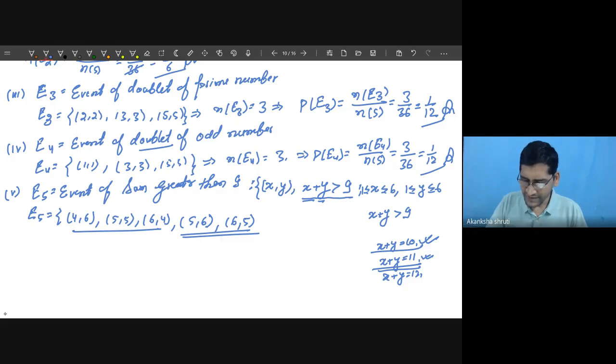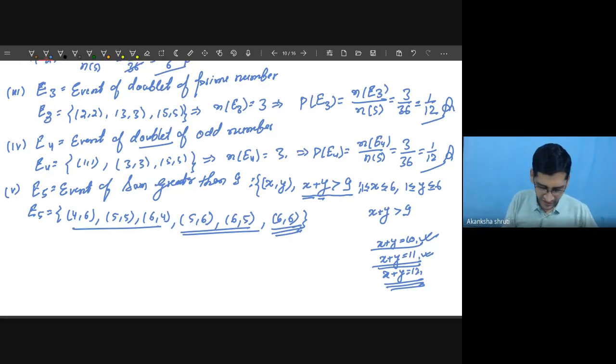Do not think 5 and 6 is identical to 6 and 5 and we shall take only once. No, these two are different because order is important. Next one is for this 12. For this 12 we can have only one, 6 and 6. If you take any other pair from the sample space, you cannot get the 12.